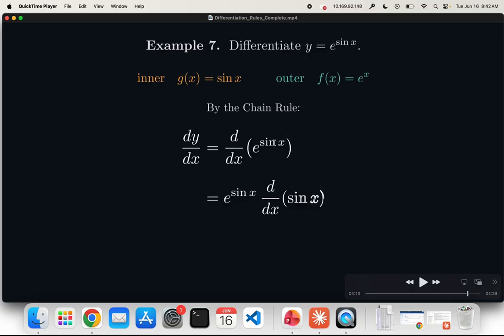To differentiate the inside, you differentiate the sine, which is cosine. So there it is, that's how you differentiate an exponential that has an inside function. Again, differentiate the outside, e to something, but you evaluate the inside, so you say e to the sine of x, and then you differentiate the inside.